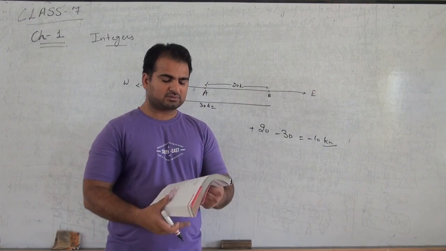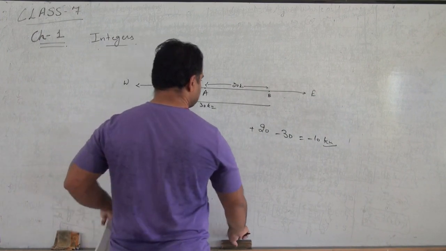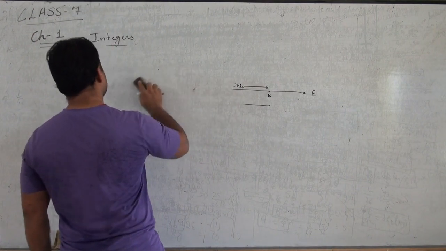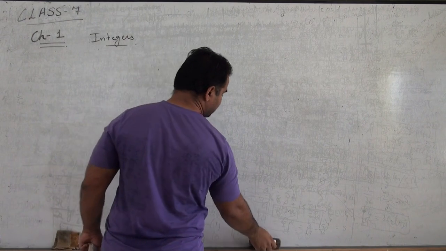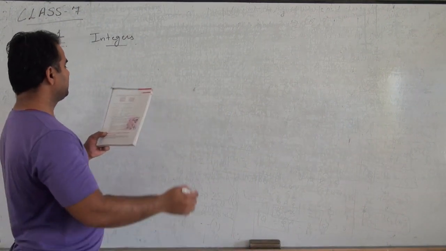Okay class. Question number 7. It's my favorite question because in this we have to do some quick calculations. So you can also do that. Question number first.